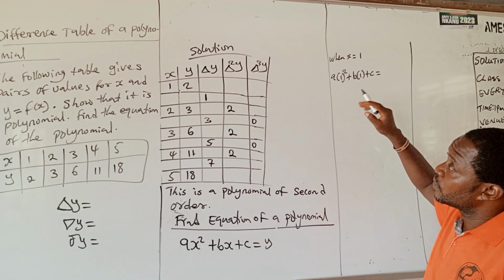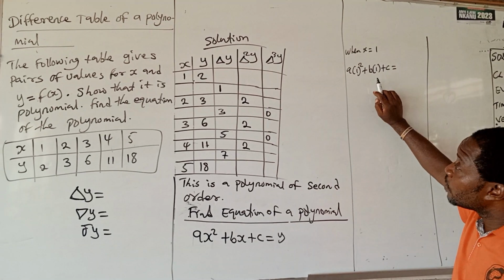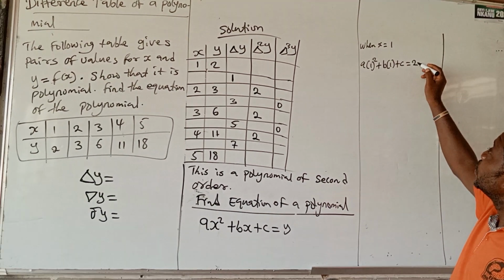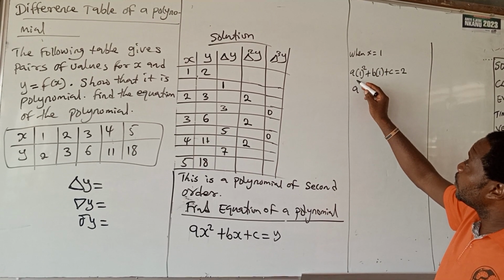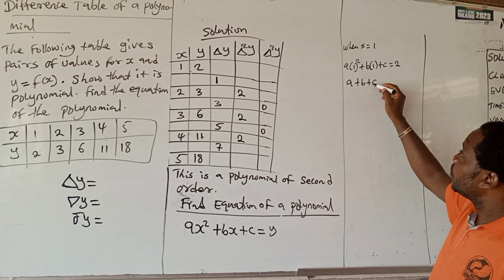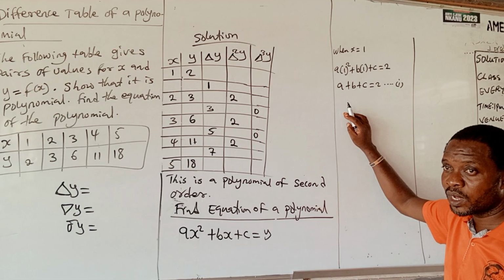And from our table, when s is 1, the value of y there is 2. 1 squared is 1, so this will give us a plus b plus c is equal to 2. We call it equation 1.